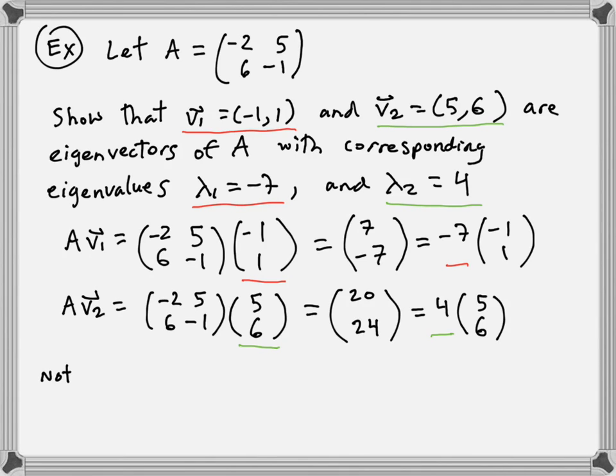Something interesting that I want us to note, okay? What happens if we add these two vectors together? So I want us to let V3 be V1 plus V2. Let's add our two eigenvectors together. We get [4, 7].